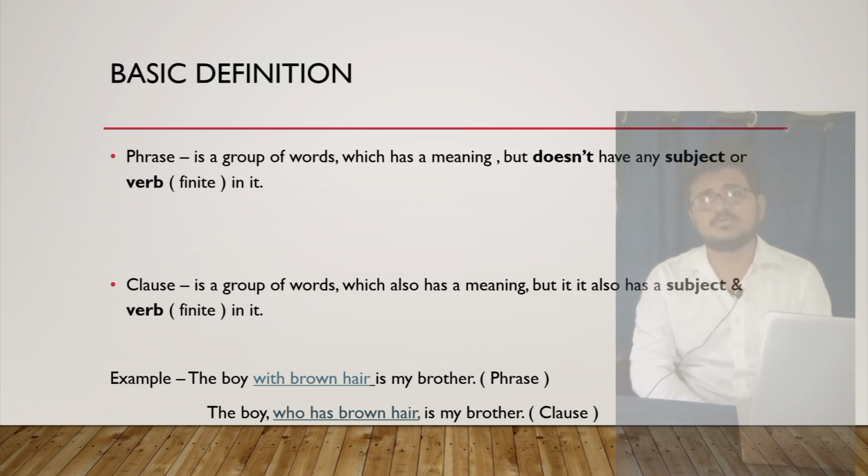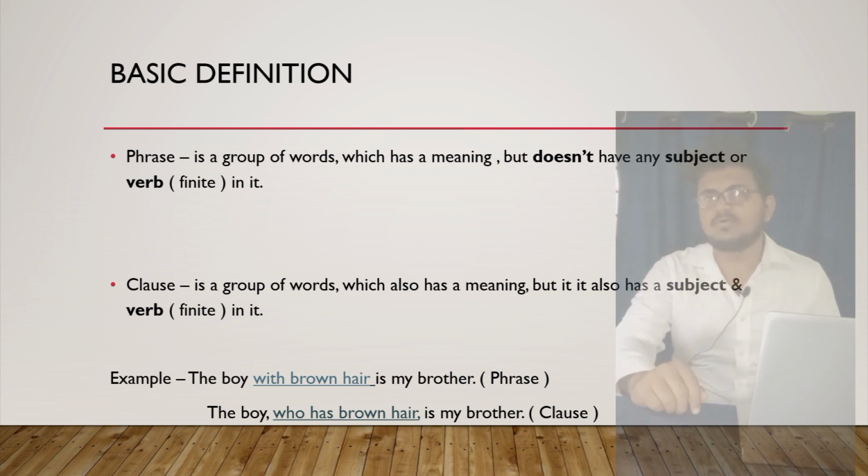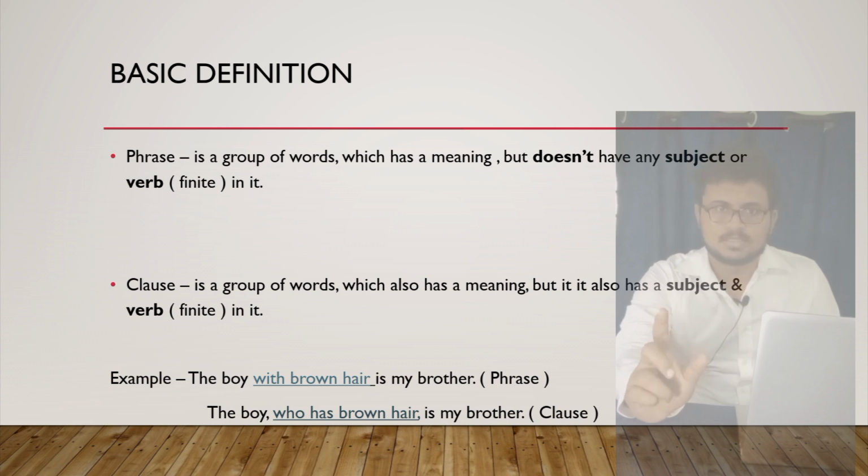When you are reading a story, a prose, or any sentence, you have to find out whether there is any phrase or any clause in this sentence. So how can you find that out? For that we must first know the basic definition of phrase and clause. We are starting with that first.